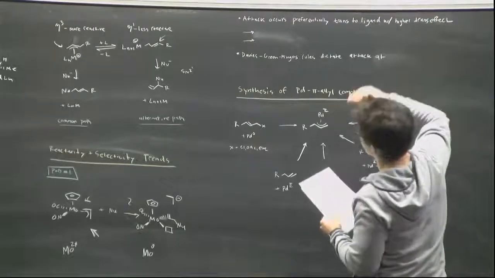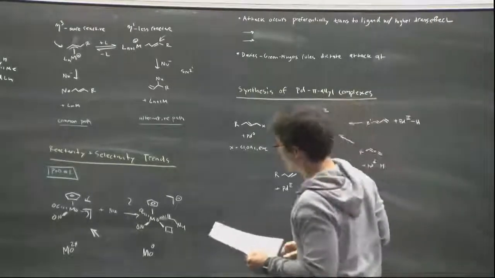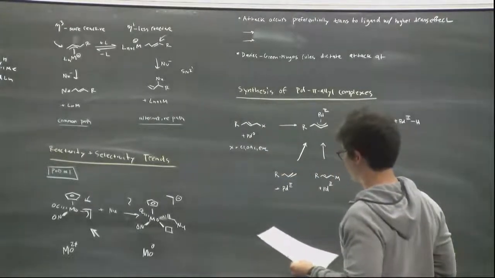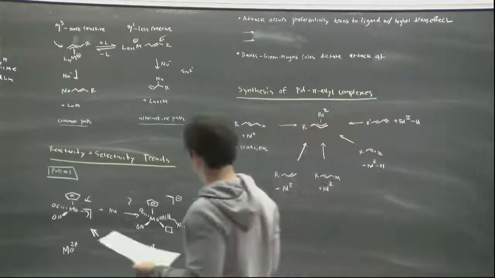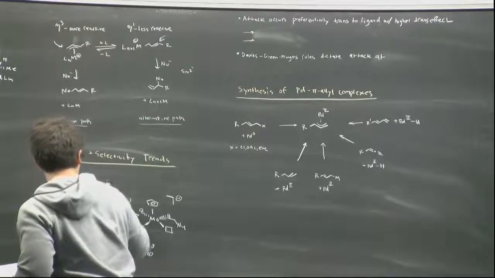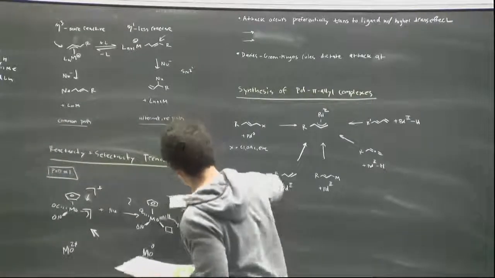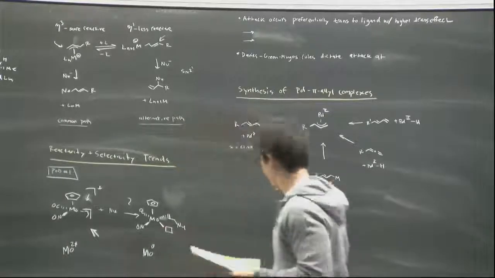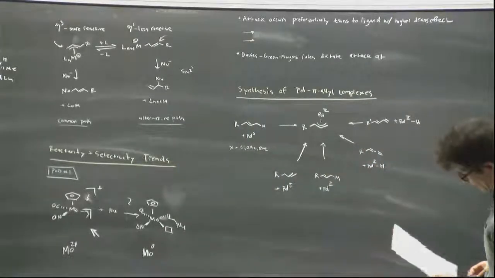The starting complex is cationic and the final one neutral. Let's see. Did I get something wrong? Oh, yeah, you're right. Right, linear NO should be +1. Thanks, Tanner.